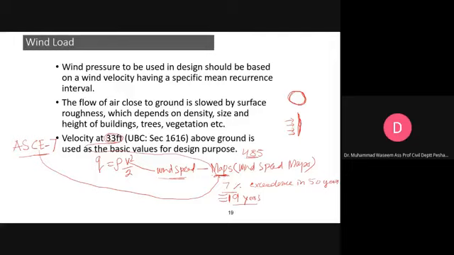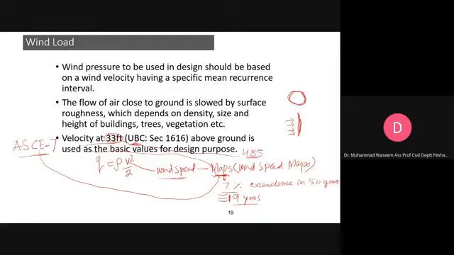These maps correspond to a certain return period, and these velocities have been measured at a certain height. So this height is considered as 33 feet. The velocity measurement has been made at 33 feet height, and the same is recommended by the UBC.